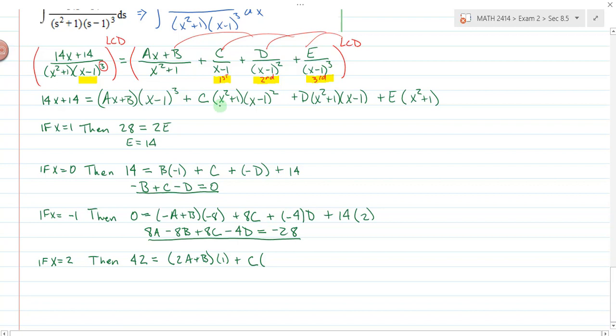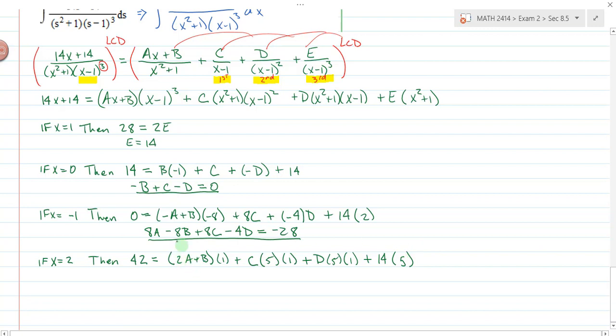And 2 squared is 4, plus 1 is 5. 2 minus 1 is 1, and 1 squared is 1. And then I have d, and then 2 squared is 4, plus 1 is 5, times 2 minus 1 is 1.